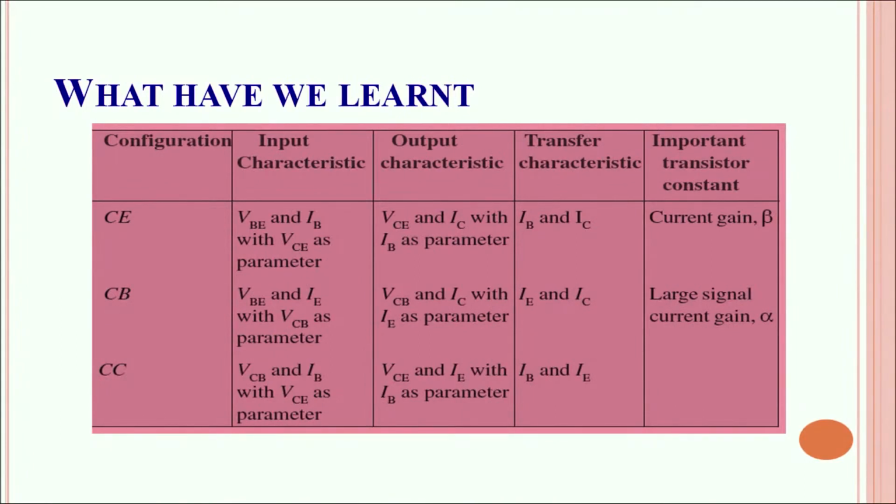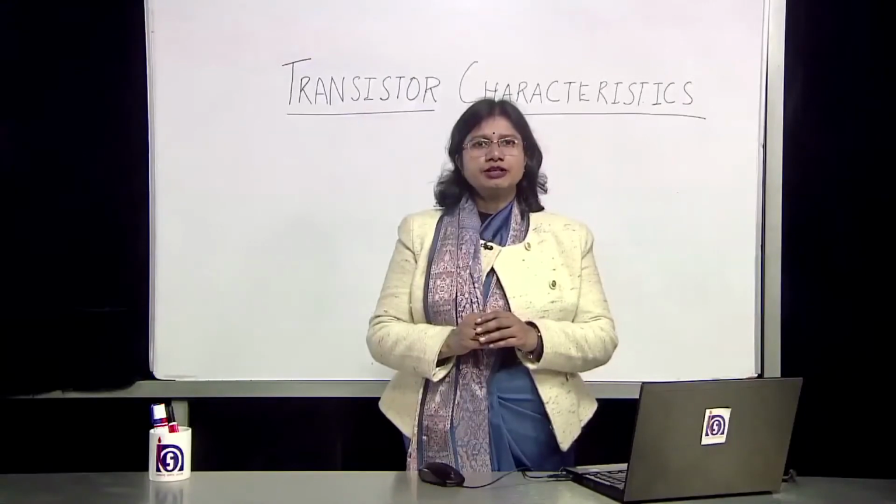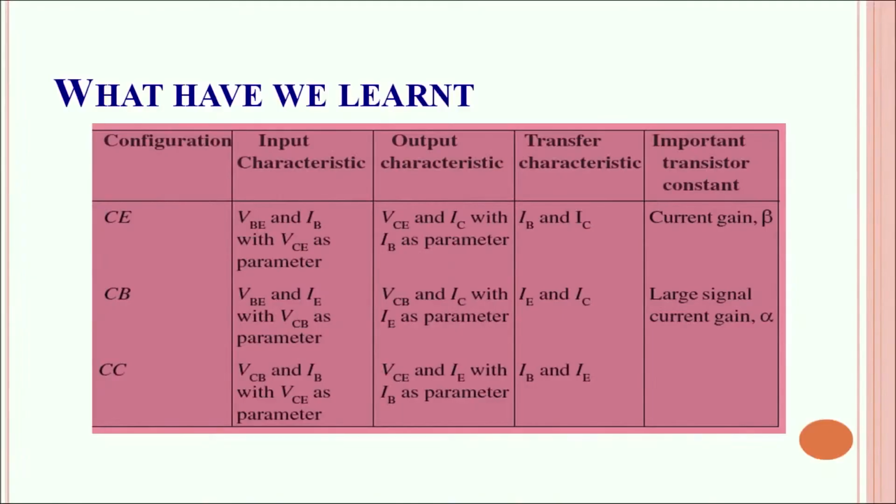The output characteristic curves indicate the variation of collector current IC as a function of the collector base voltage. This particular kind of configuration has a large signal current gain and it is suited as a voltage regulator. The third configuration, that is the common collector configuration, finds less utilization, less number of applications, but it is used for impedance matching.